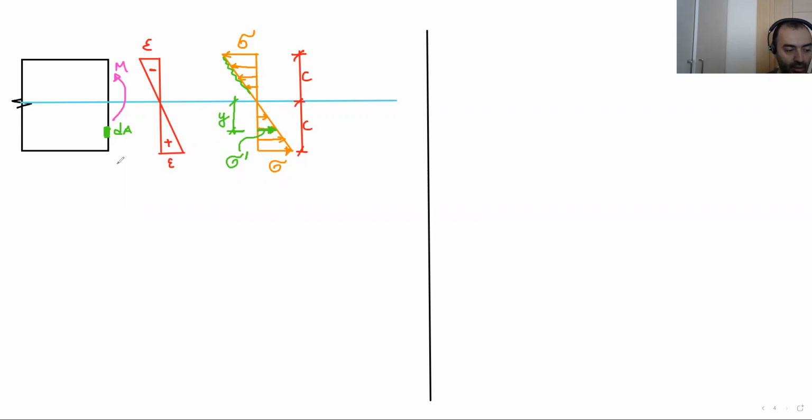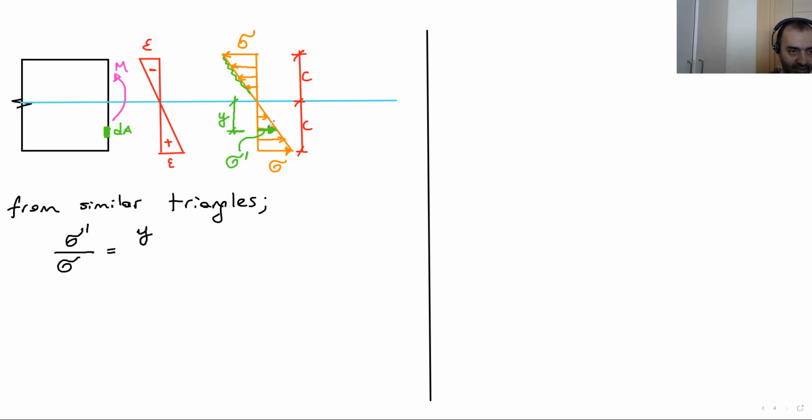So, how can we calculate the sigma prime if we know the maximum stress? We know this is a line and the distribution is like a triangle, so we can use similar triangles. From similar triangles, we can directly write sigma prime over sigma equals y over c.